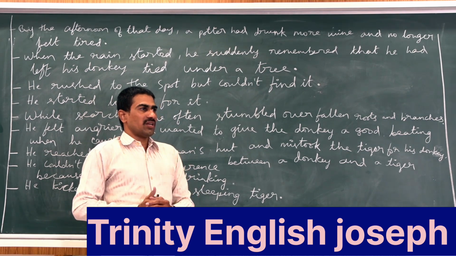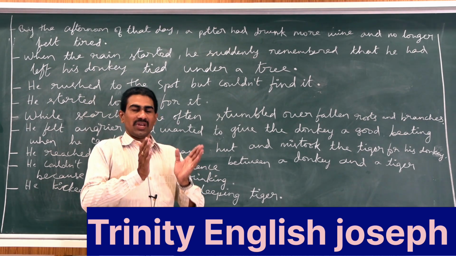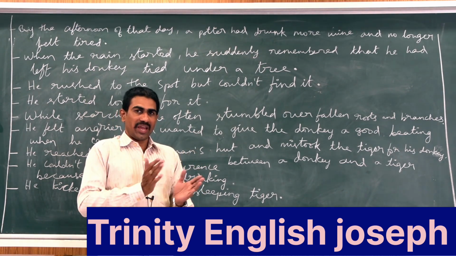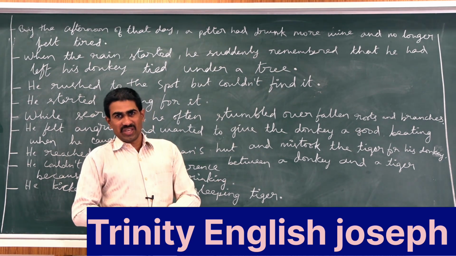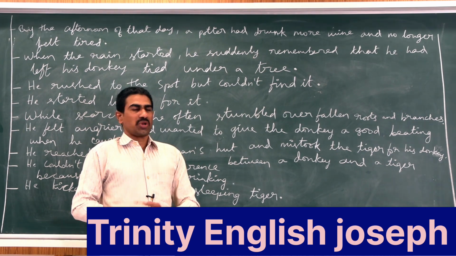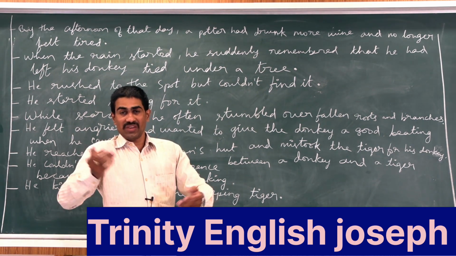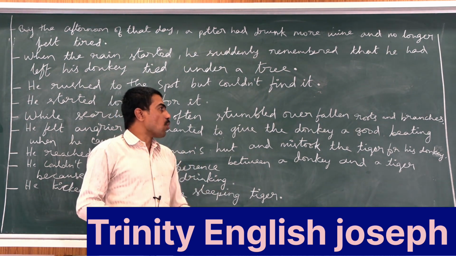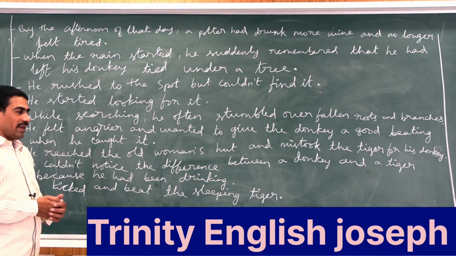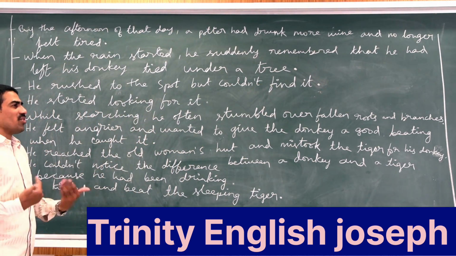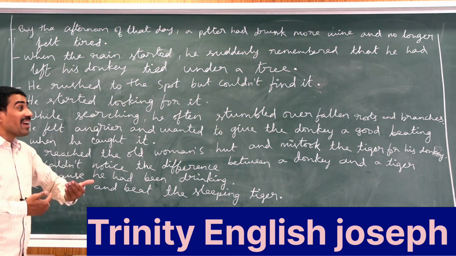So first of all, it was dark at night, and second, it was raining, so he couldn't see anything properly. Because of the rain, he couldn't even see the way. So he was stumbling over the roots and branches and falling down. And as it was happening, the more he fell down, the angrier he got.